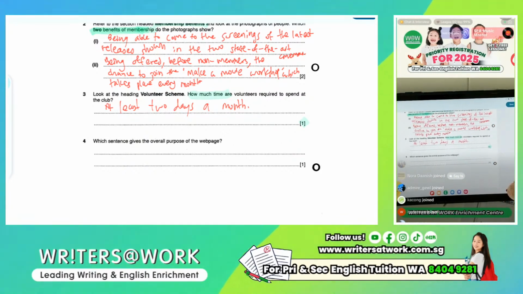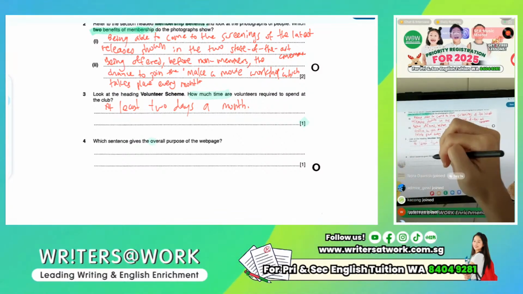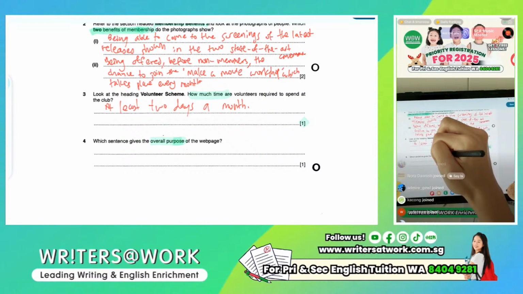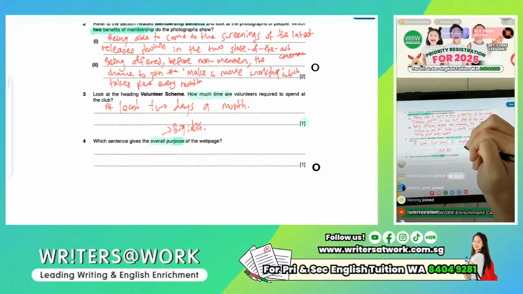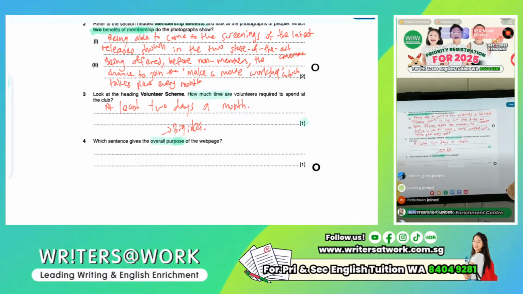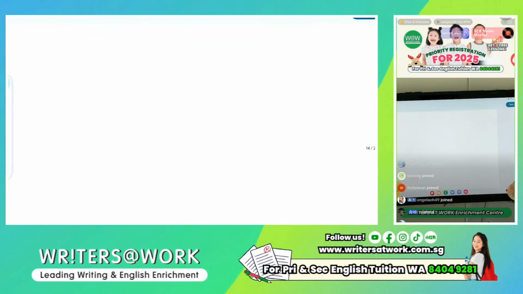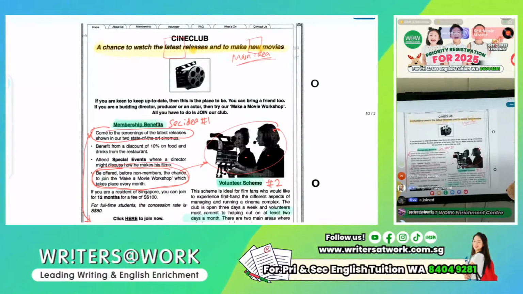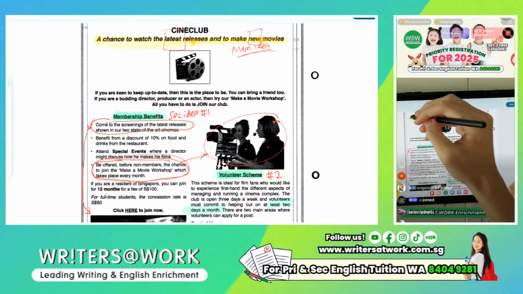Now, let's take a look at the last question. Which sentence gives the overall purpose of the web page? So this is what I was talking about initially. What is your big idea? Right? So you can tell that the big idea is here.